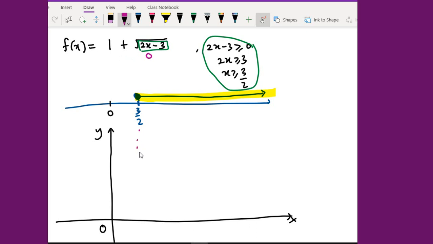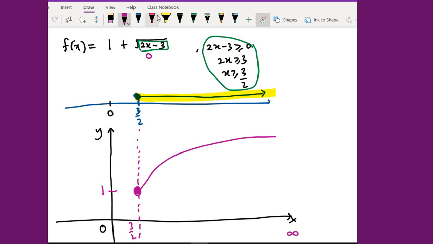Sketch the graph from 3 over 2 to infinity. Substitute the value 3 over 2: 1 plus 0 is equal to 1. This is 1, and the graph is the same as the square root graph.